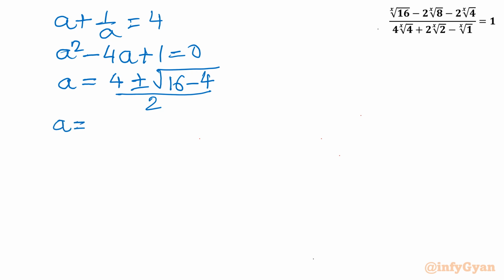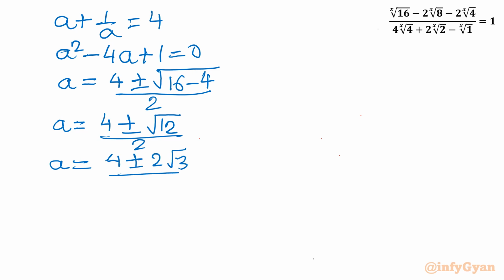Now a will be equal to 4 plus minus square root 12 over 2. Now 12 we can think of as 4 times 3. So I will write 2 square root 3 divided by 2. So the ultimate values we have are 2 plus minus root 3.